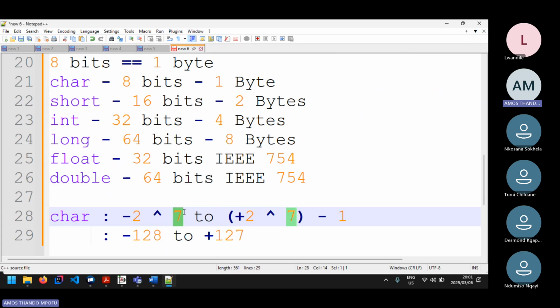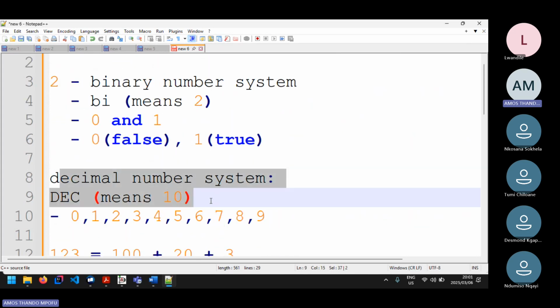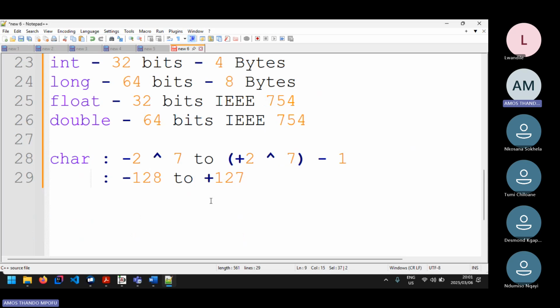Because if we leave it in terms of bits, we won't know what it means when we need to translate it into our language. Remember, we use the decimal number system, not binary. So it needs to be represented in a number that people can understand, which is this number. In other words, for those mathematicians out there, this translates to inclusive minus 128 up to positive 127.